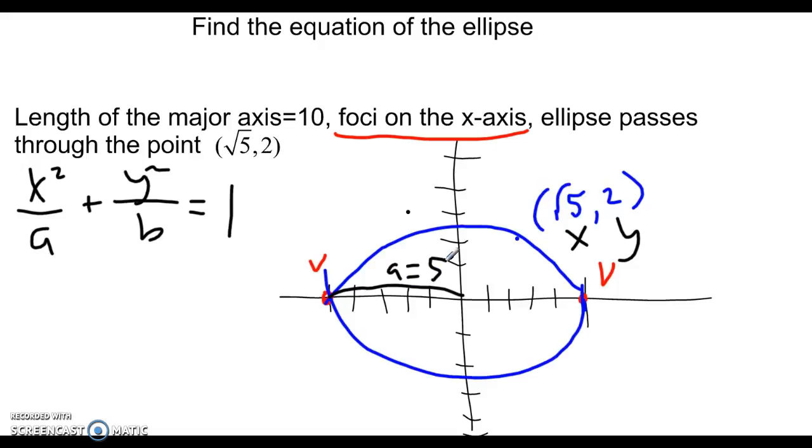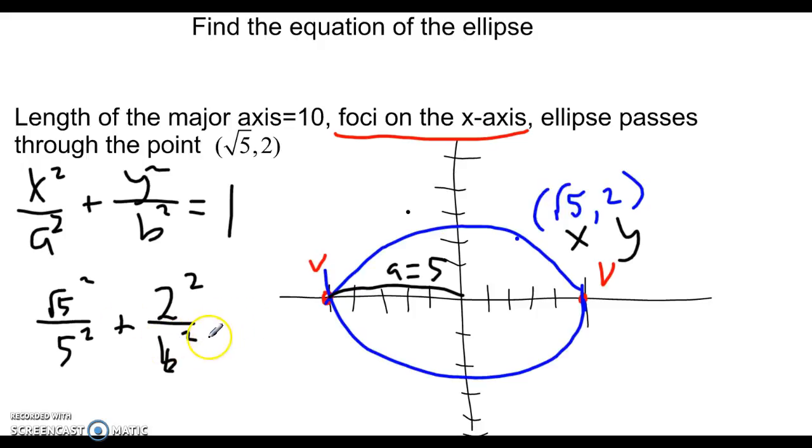We can say x squared is square root of 5 squared over a squared, which is 5 squared, plus y squared, which is 2 squared, over b squared. And by the way, these are actually squared down here, so this is 5 squared, and this is b squared down there.